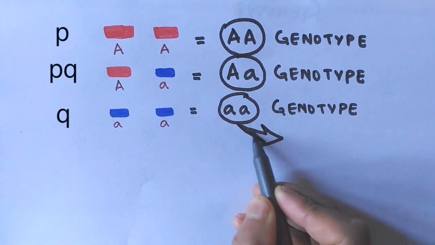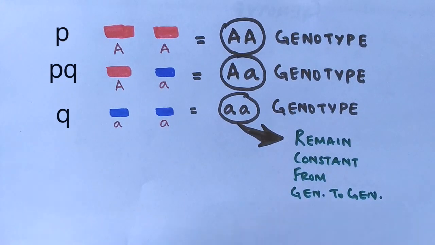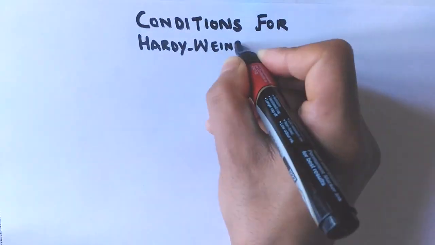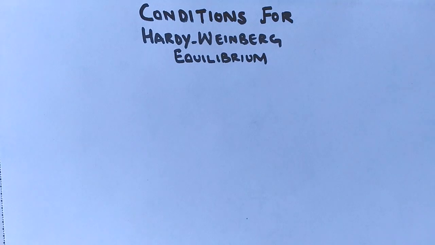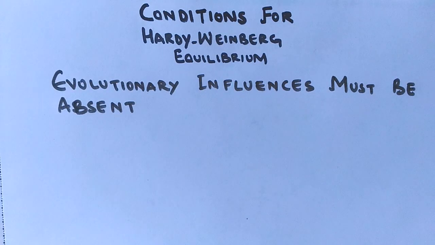Now we see when all three genotypes remain constant from generation to generation within the population, the Hardy-Weinberg equilibrium exists. And it's only when evolutionary influences are absent, which also acts as a condition for Hardy-Weinberg equilibrium. Evolutionary influences must be absent so that Hardy-Weinberg equilibrium exists.